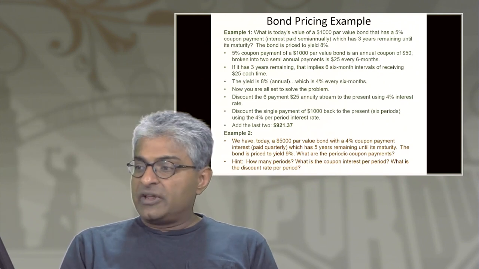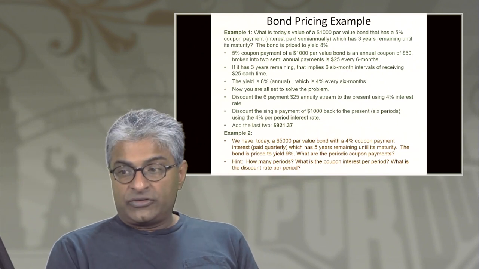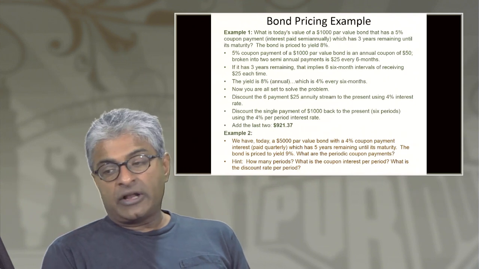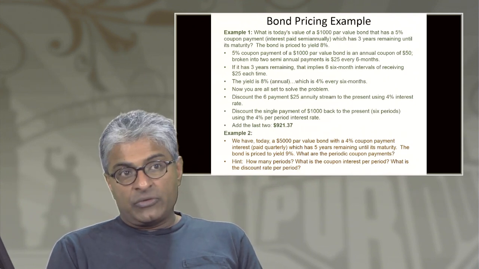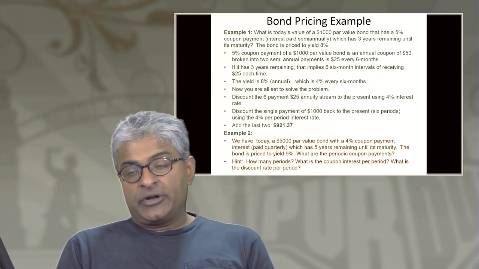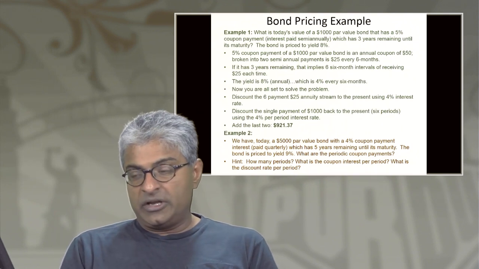And then the bond is priced to yield 9%, which you'll have to reduce to its effective quarterly rate, so it'll be 0.09 divided by 4 to give you that. And then if we have quarterly periods now, 5 years in quarterly periods is 20 periods or 20 payments, one in each quarter.